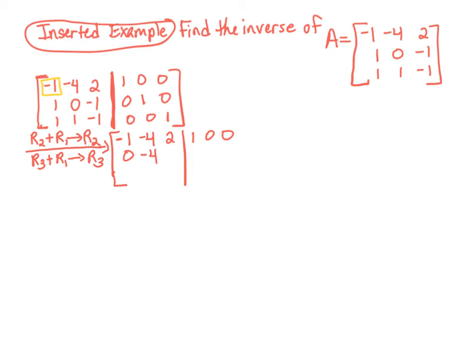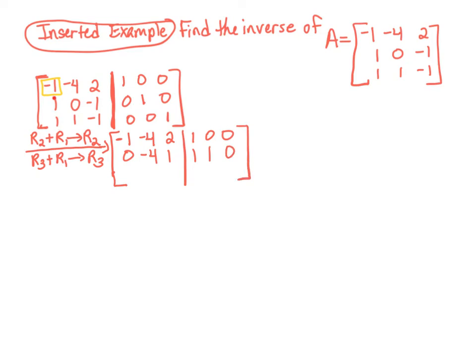Then you have -1 plus 2 is? 1. Then you have 0 plus 1 is? 1. 1 plus 0 is? 1. Then we have 0 plus 0? 0. Good.